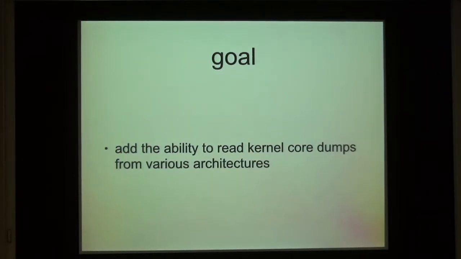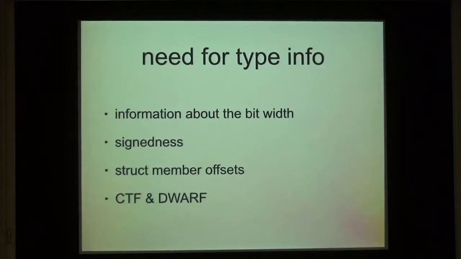And how do we do that? Well, we need some sort of type information for that. We need to know there's an integer and it's this wide, this is the sign of the integer, these are the members of the struct, these are the offsets in it.